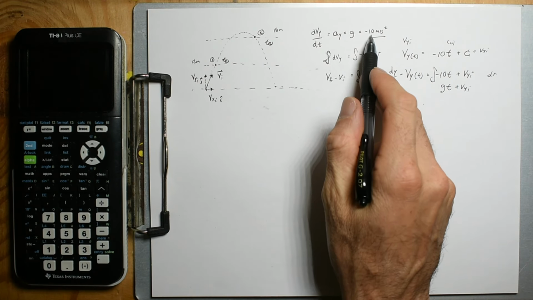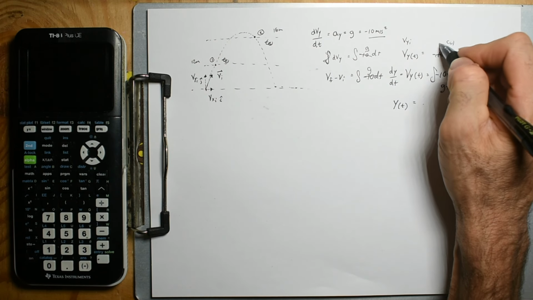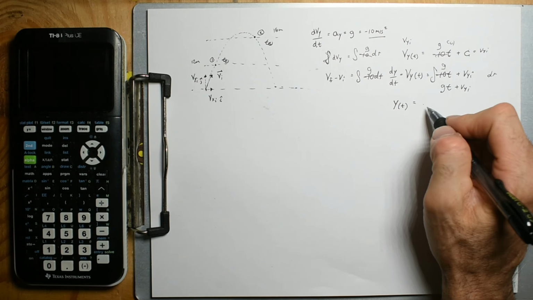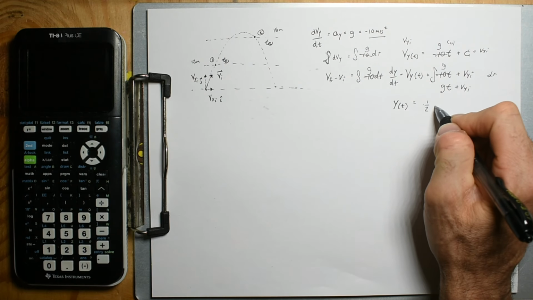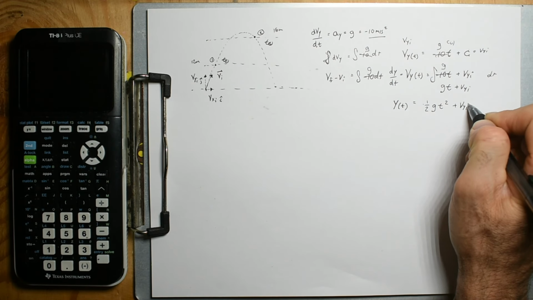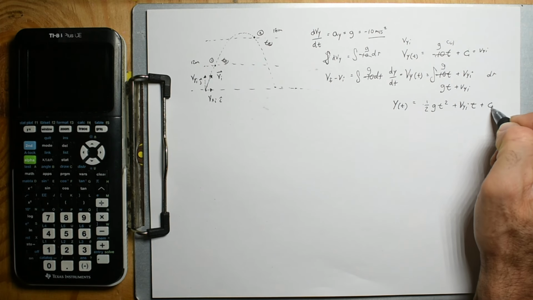So instead of calling this 10, let's just call it g, just so we can keep track of that. And then when I integrate this, I'm going to get 1/2 gt squared plus vy initial, the initial velocity in the y direction, times t plus a constant.